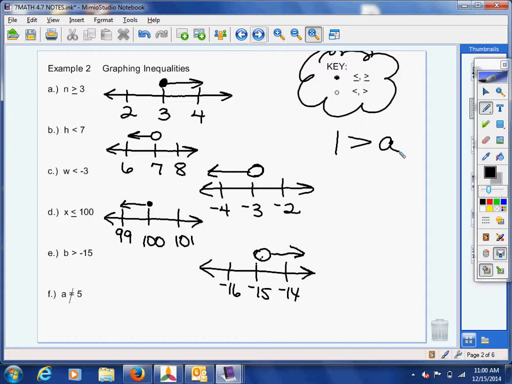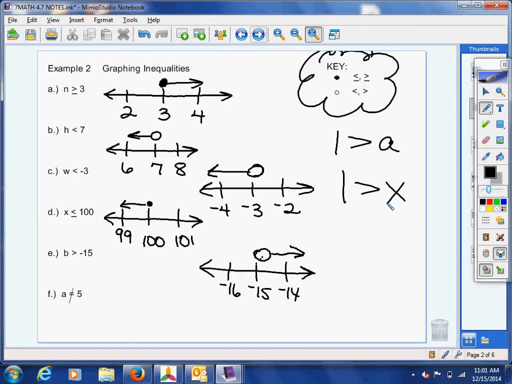Now, on one side of your paper, as dark as you can without breaking through the paper, I want you to write 1 is greater than A. Actually, let's do 1 is greater than X. Do X instead. 1 is greater than X. Just like that, okay?